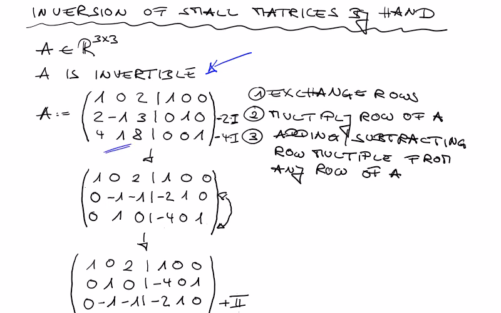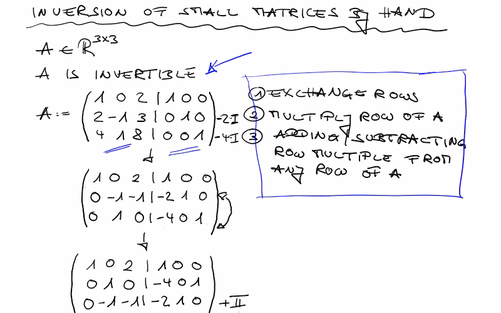And next to it, you write the corresponding identity matrix. Then you use these rules and apply them both to the matrix that you want to invert and this initial identity matrix. And you set yourself the aim of converting the left thing here into the identity.